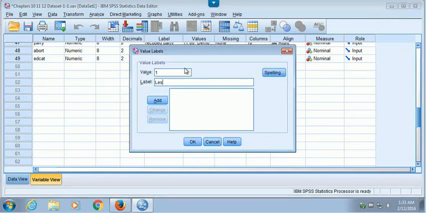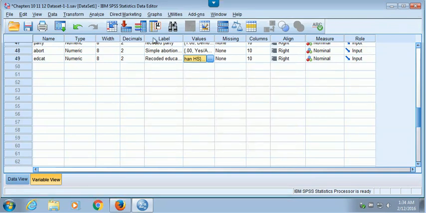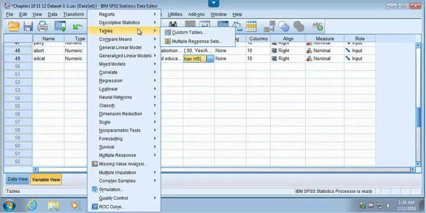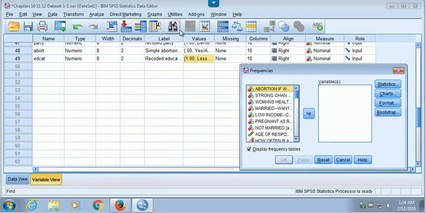You're going to have 1 is less than high school, 2 is high school graduate, 3 is some college, 4 is college graduate, and 5 is graduate studies. And click OK.